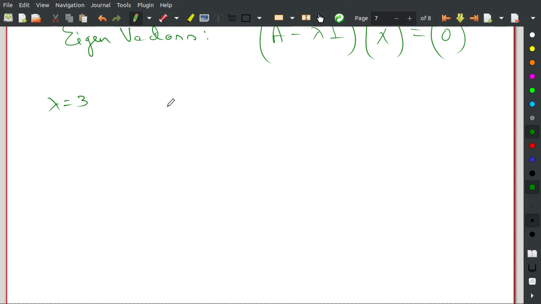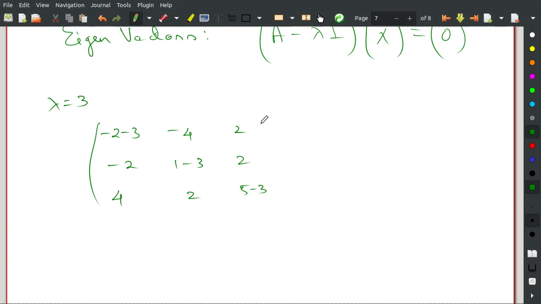We have A minus lambda I as the matrix with entries minus 2 minus 3, minus 4, 2; minus 2, 1 minus 3, 2; 4, 2, 5 minus 3.